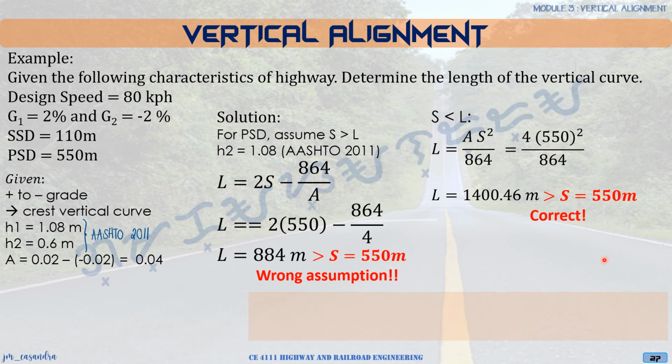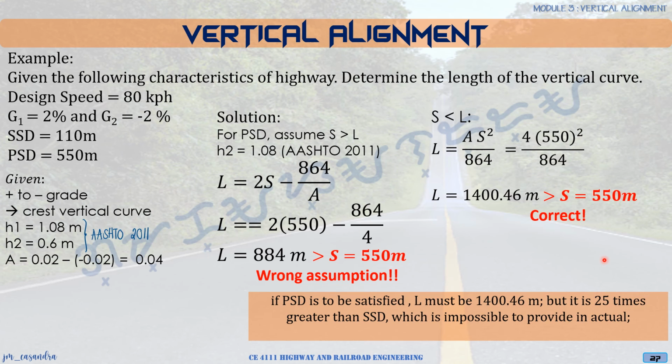So meaning, if the PSD is to be satisfied, then the length must be 1,400.46 meters. Okay? But if it's the SSD to be satisfied, then the length should be 55 meters.